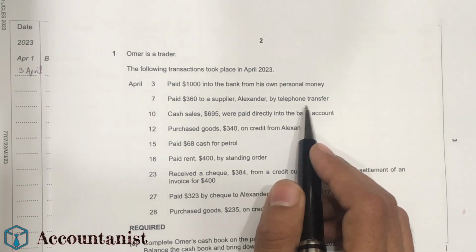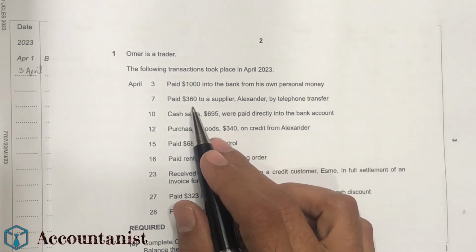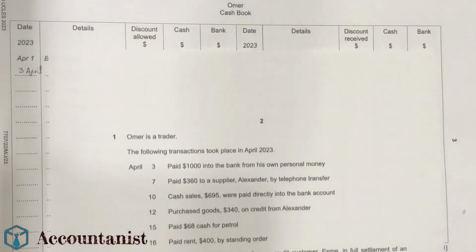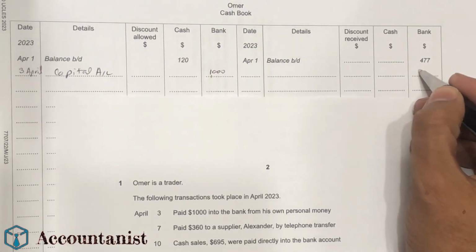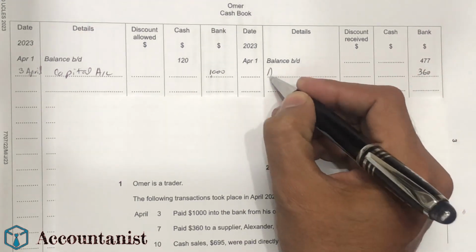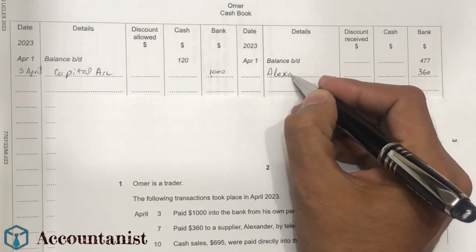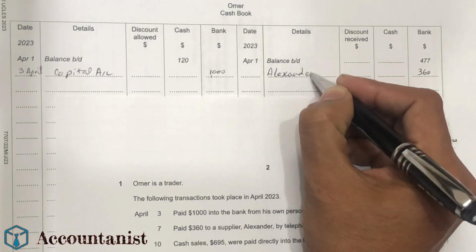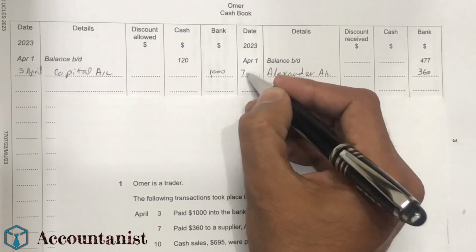So it's a payment from the bank to Alexander, a supplier, 360. Obviously that will come on the credit side. So I will write down 360, and the name of the supplier is Alexander account. The date will be 7th of April.